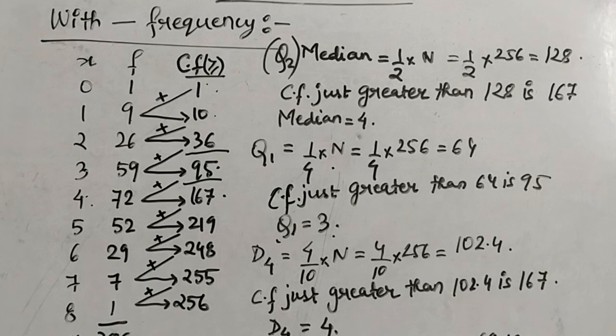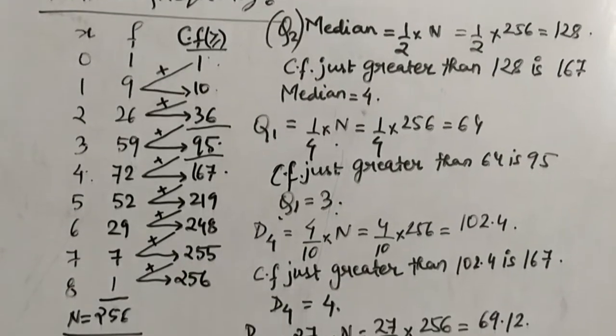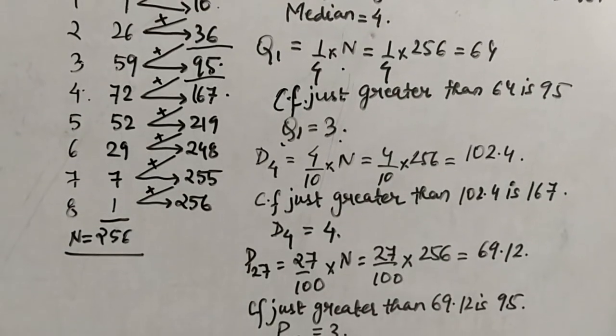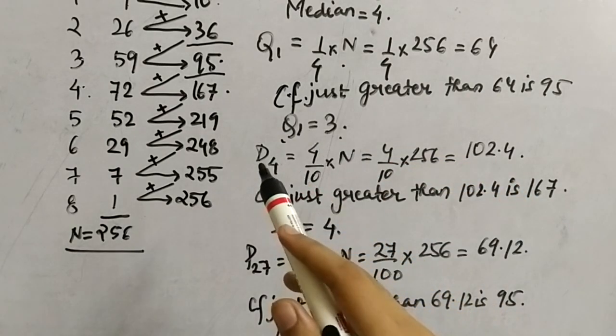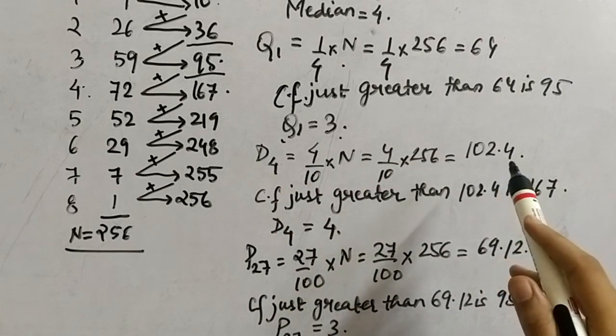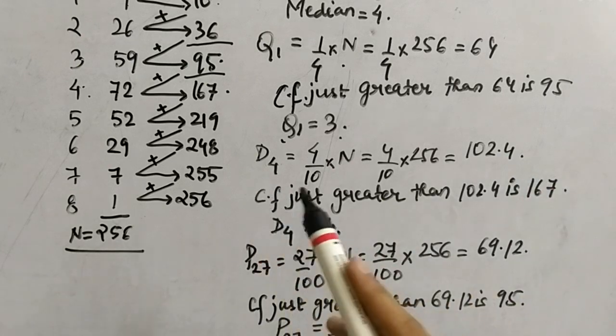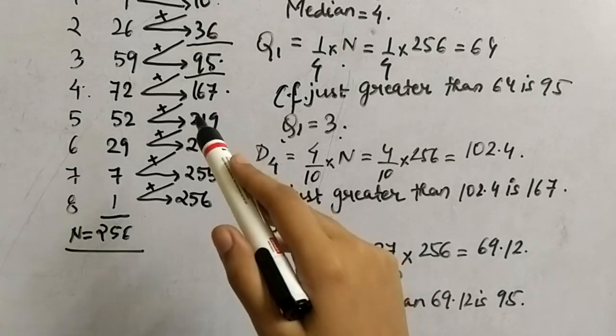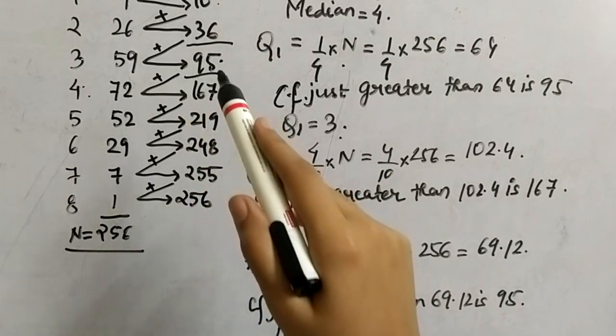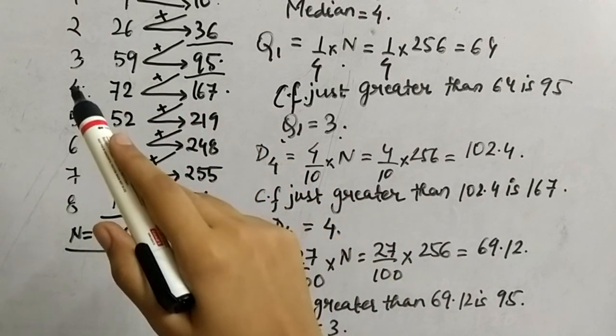Now in order to calculate decile 4, you have to multiply by 4 and divide by 10. After calculating it, you have got D4 is equal to 102.4. Now the cumulative frequency greater than 102.4 would be 167 because again this lies over here. Now the value of x would be 4.